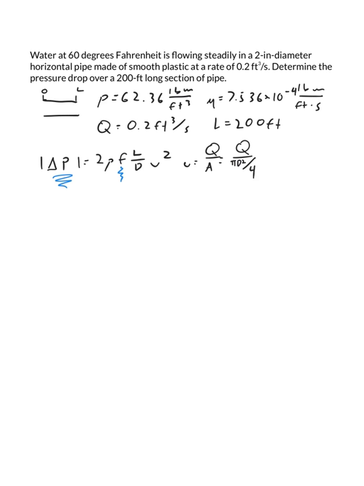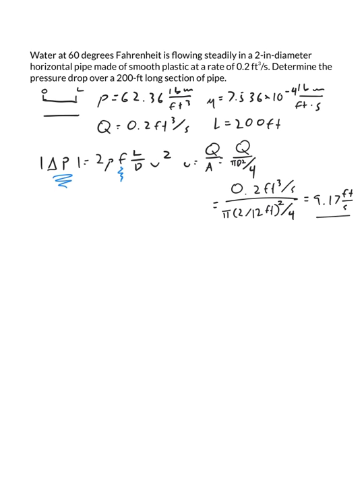That is 0.2 feet cubed per second over pi times 2 over 12 feet, because we're in inches and we want to get that into feet, which is the unit we're using for everything else, over 4, and we get 9.17 feet per second. Okay, that's our velocity in our pipe.